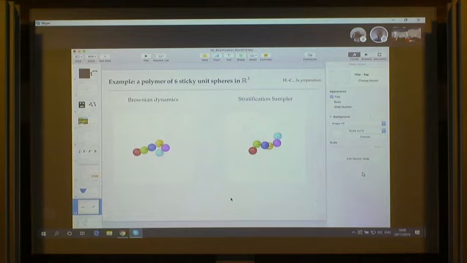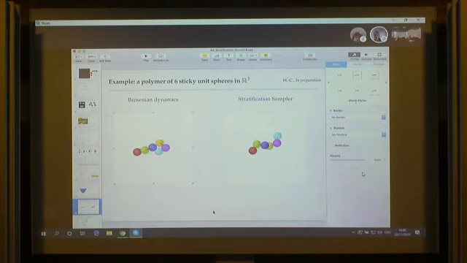Let me show an example of sticky spheres. This movie that I'm playing right now is a Brownian dynamics simulation of 6 spheres interacting with a stiff potential. I think it has basically a spring potential on its backbone.